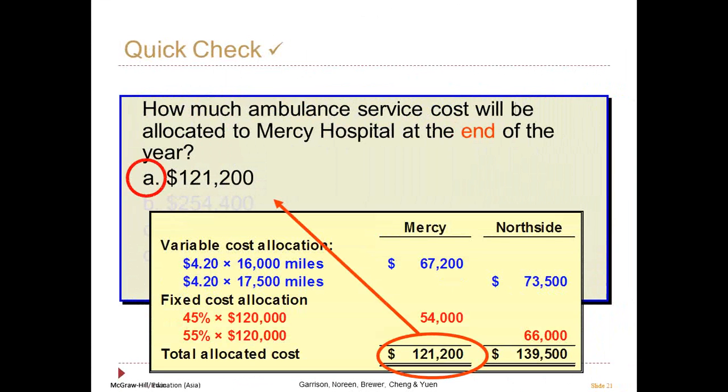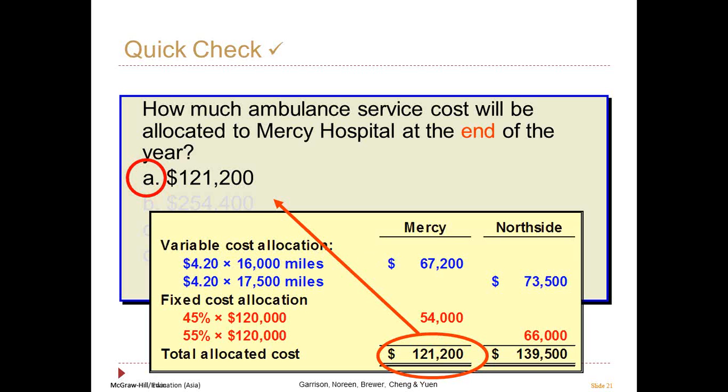The way we get to this answer, we take the variable cost. Allocations are made at the end of the year by multiplying the budgeted variable rate of $4.20 per mile by the actual number of miles for each hospital.